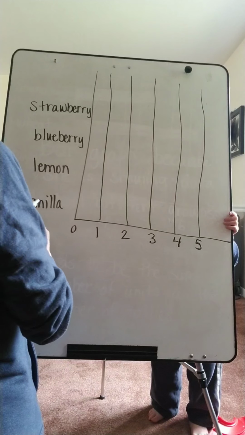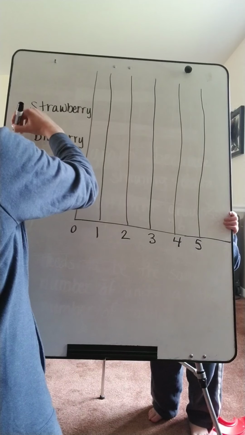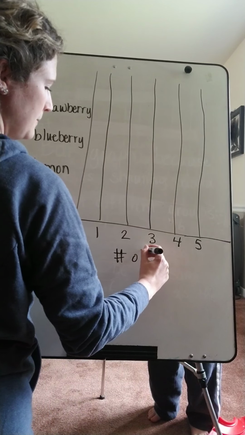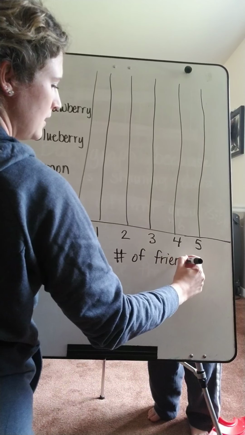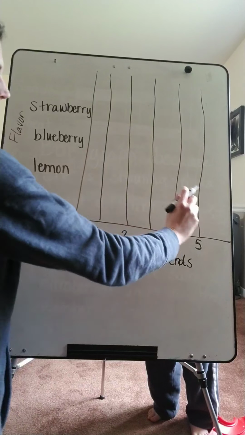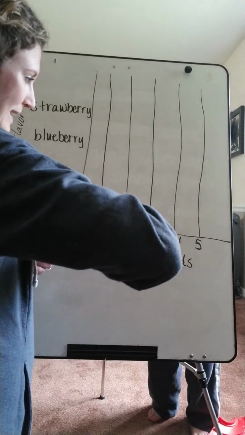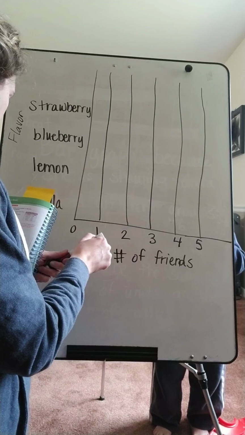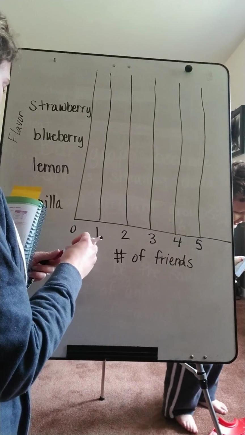All right, so we've got flavors over here and number of friends down at the bottom. So our bars are going to be going over horizontal. All right, so looking at the tallies, see how many tallies you have for strawberry. We have 5.